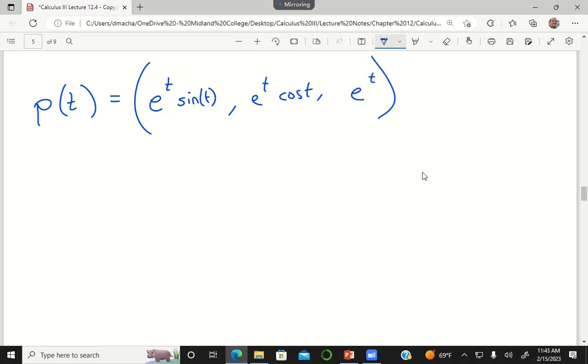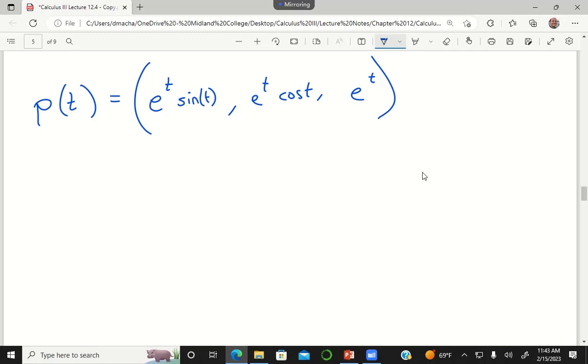I've got this parametric curve, this path given by my x, y, and z components as a function of t.